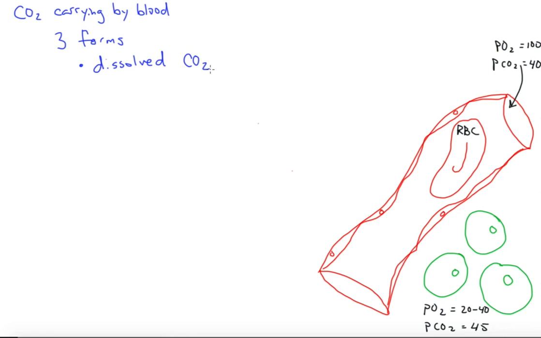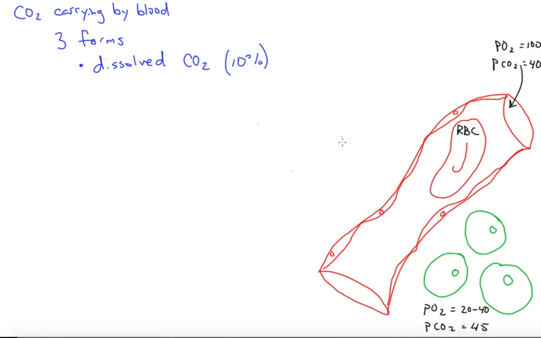Now, carbon dioxide, as we mentioned before when we talked about Henry's law, has much greater solubility in liquids than does oxygen. And so we can actually carry a fair amount of carbon dioxide just dissolved. And so instead of it being sort of 1.5% as oxygen is of the total that's carried, we can actually carry about, let's just put a number of about 10% on it, sort of 5 to 10%, but we'll round up, right?